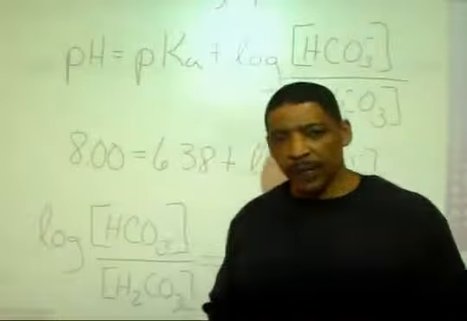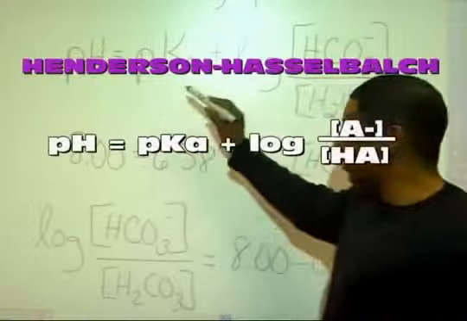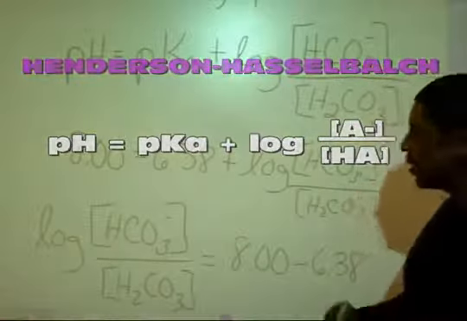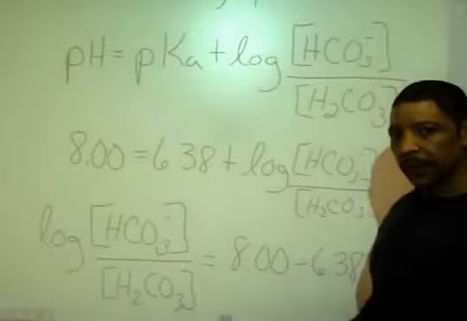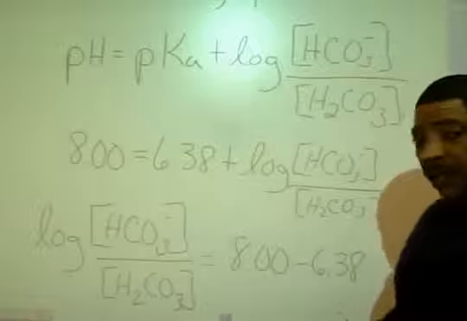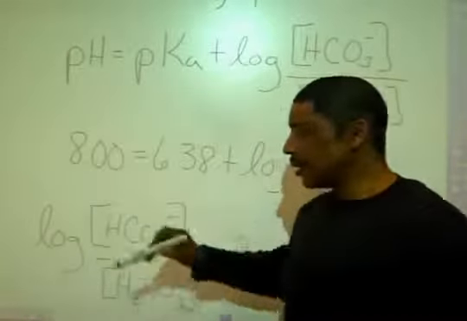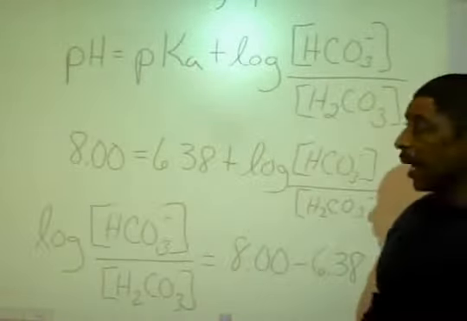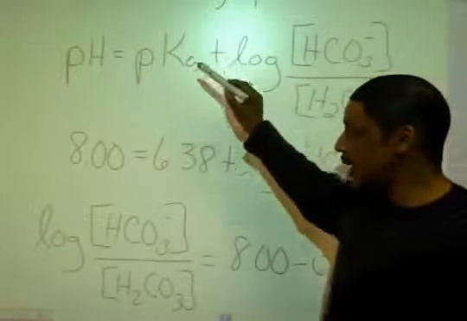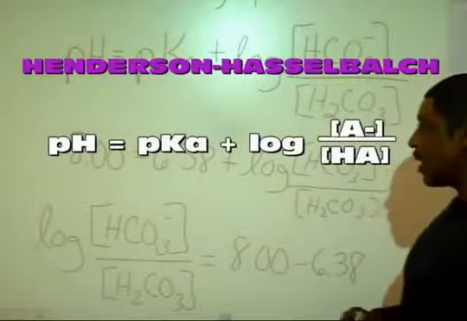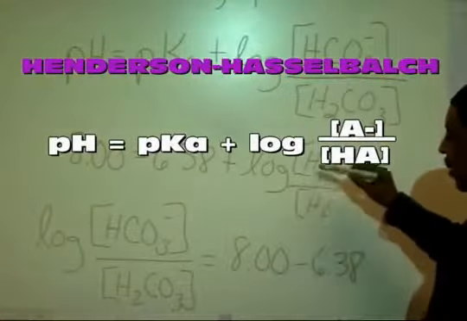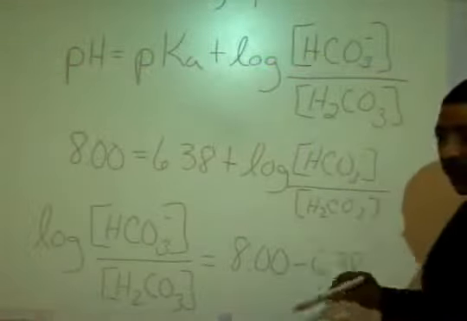At this point, we may use the Henderson-Hasselbalch equation to solve for my ratio of anion to acid. In the practice problem, we're given a pH of 8.0, and we calculated a pKa of 6.38, and we're asked to find the ratio of anion to acid.